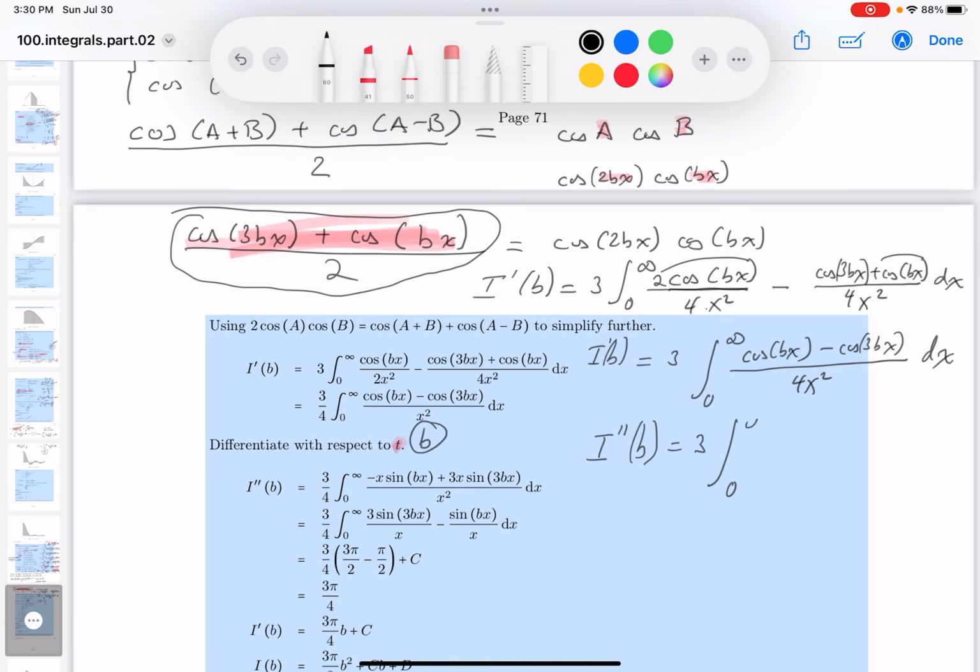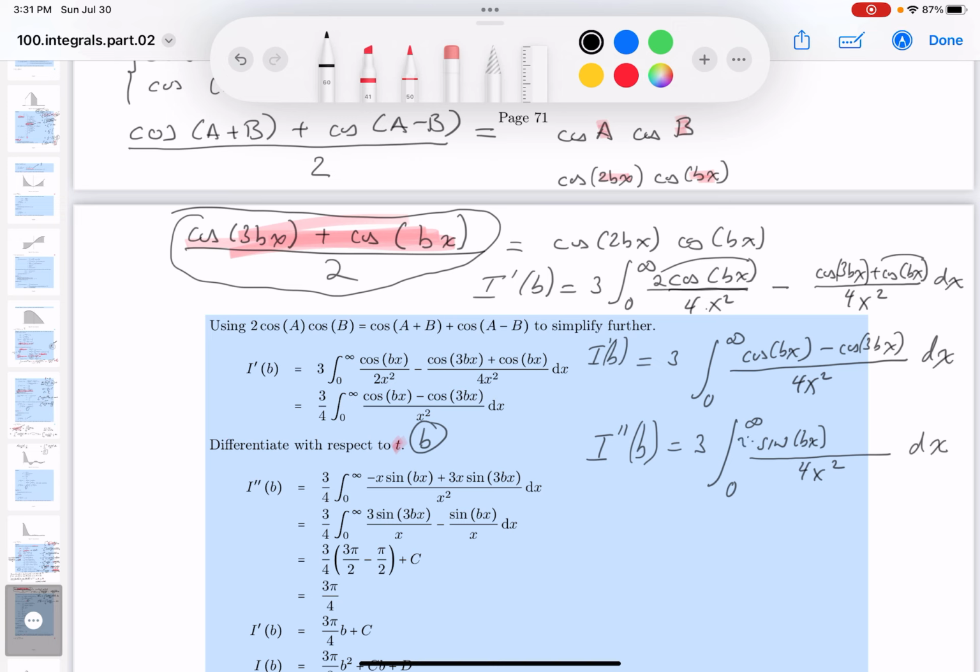0 to infinity. We're differentiating with respect to the variable b now. So actually you treat x as a constant. So what do you get? 4x squared, that's what you get in the bottom. And then what do you get? It's going to be sine of bx times x.